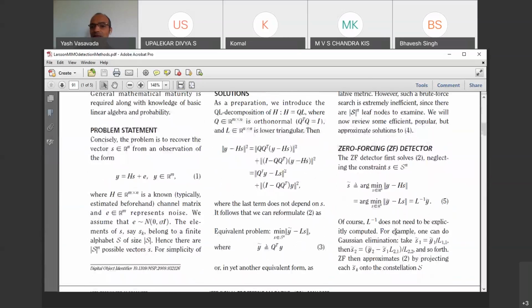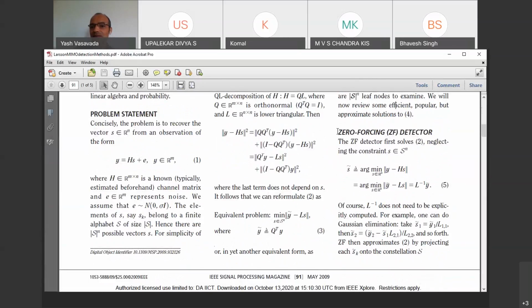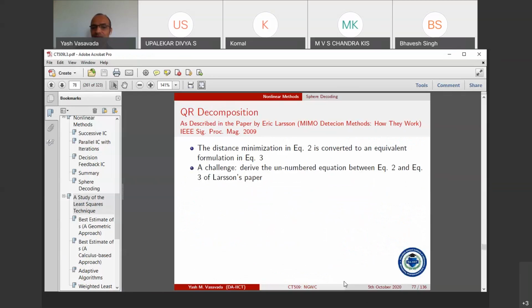Okay, so before we get into the sphere decoding, let us look at his description of the zero forcing detector, which is our decorrelating detector. And you see that it is written as L inverse Y tilde, which is exactly how we did it here.